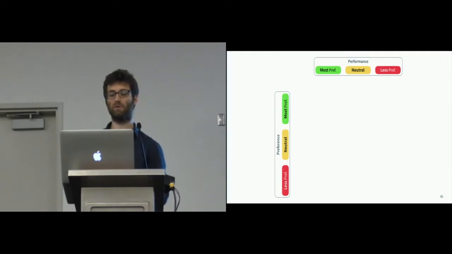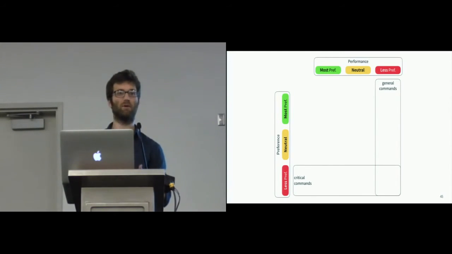So here we grouped preferences and performance with the same score, but what about splitting them? So for instance, we could discuss the use of less efficient fingers or chords for general commands, which do not need to be triggered at a particular location, or use less preferred fingers or chords for critical commands, and try avoiding triggering those commands by accident.